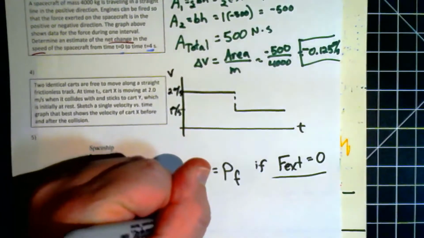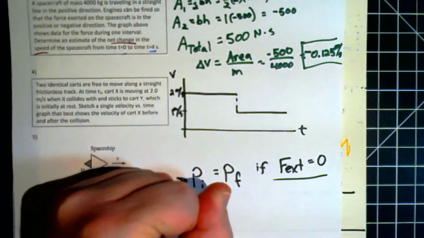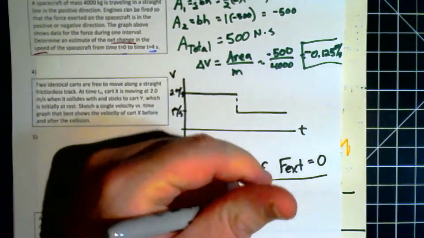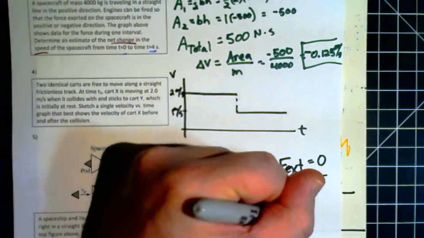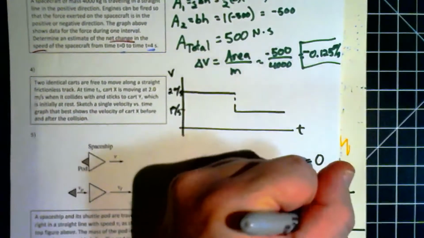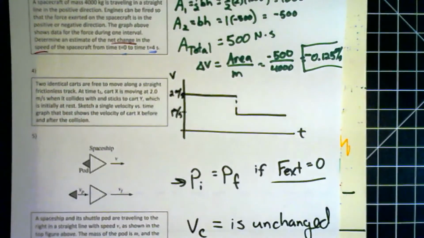So what you conclude, because there's no external forces, is that the center of mass velocity is unchanged. That's a big key idea of conservation of momentum. Because there's no external forces, there's nothing to change this quote-unquote center of mass velocity, or the total velocity of the system. It doesn't change at all.